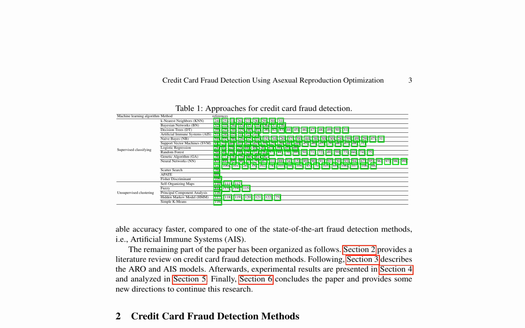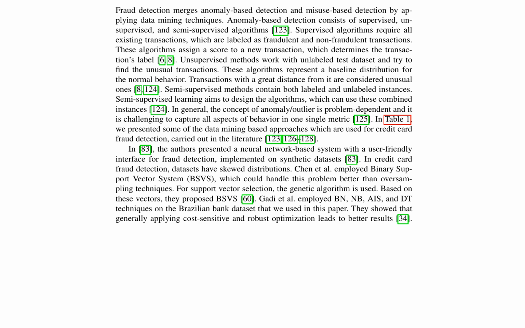The paper discusses credit card fraud detection using Asexual Reproduction Optimization, ARO. It begins with a literature review on various methods, including supervised, unsupervised, and semi-supervised algorithms. Table 1 lists several data mining approaches used for fraud detection.